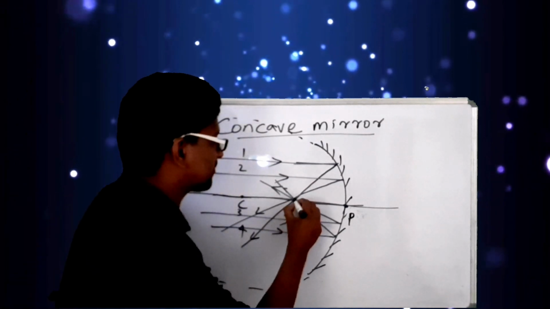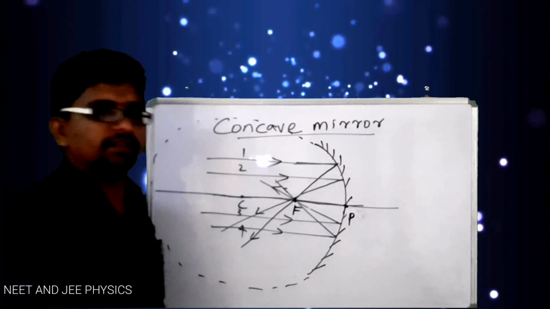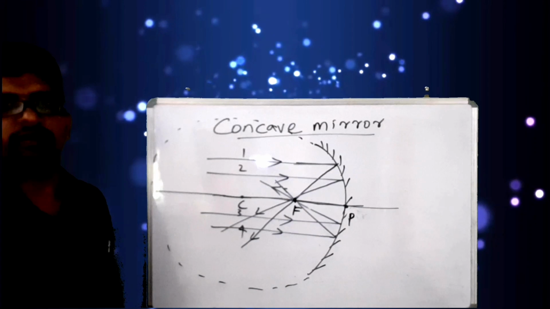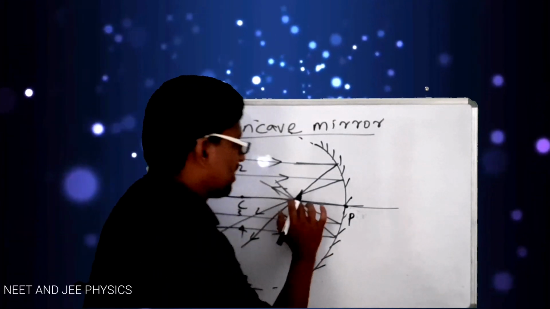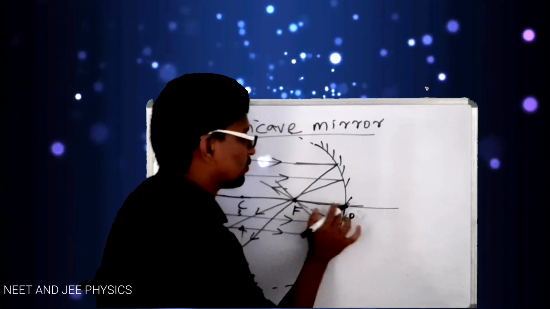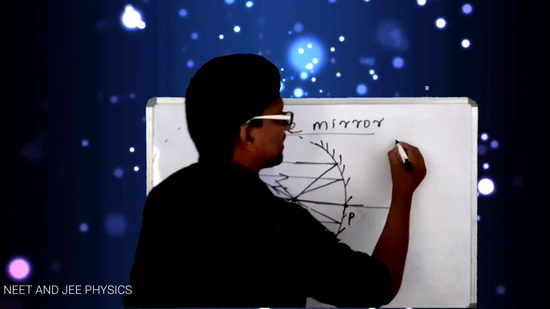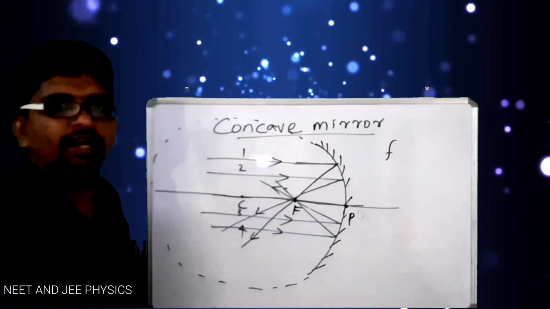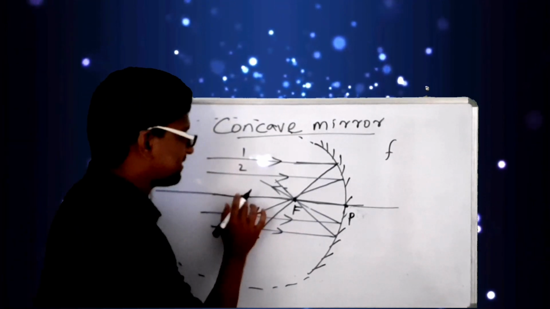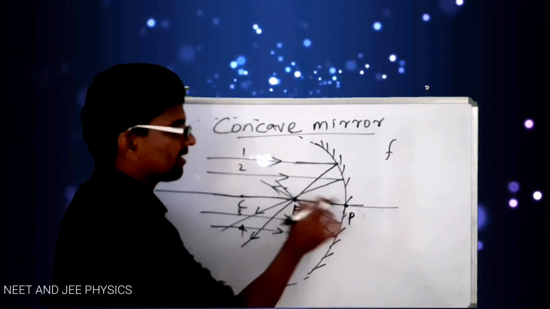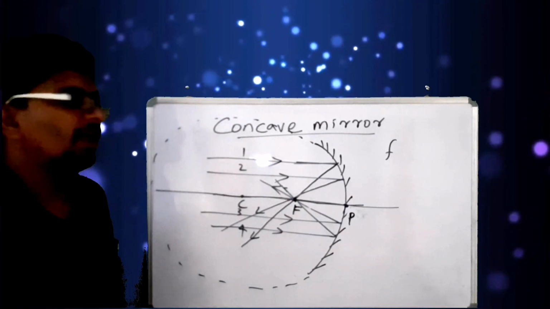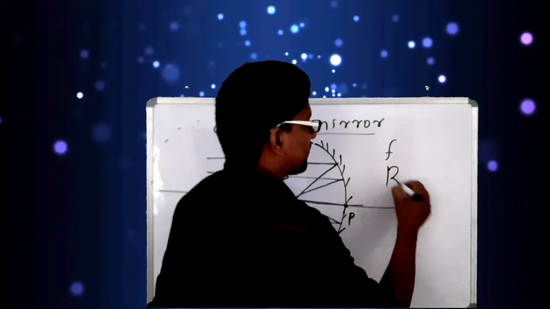This point is called the principal focus. The distance between the pole and focus is called the focal length, represented by small f. The distance between C and P, center of curvature and pole, is called the radius of curvature.